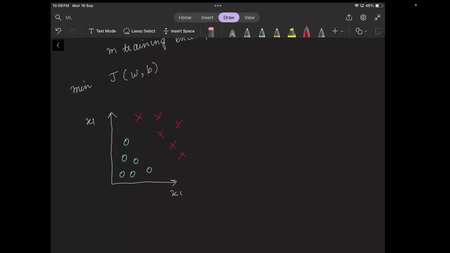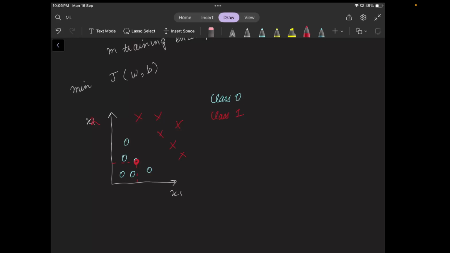So let's say when this is x2, and x2 is this value and x1 is this value, we have this data point, and this is of, let's say, class 0, and the x is class 1. So let's say it could be the number of red blood cells and then the hemoglobin, and then we classify between two classes of a disease.